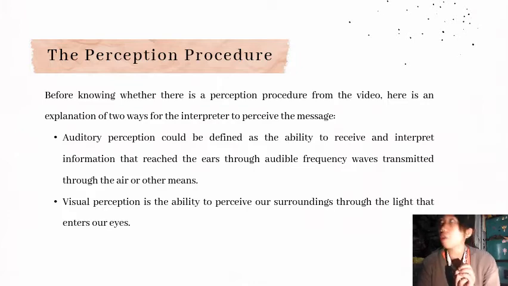One, auditory perception could be defined as the ability to receive and interpret information through audible frequency waves transmitted through the air or other means. And second, visual perception is the ability to perceive our surroundings through the light that enters our eyes.